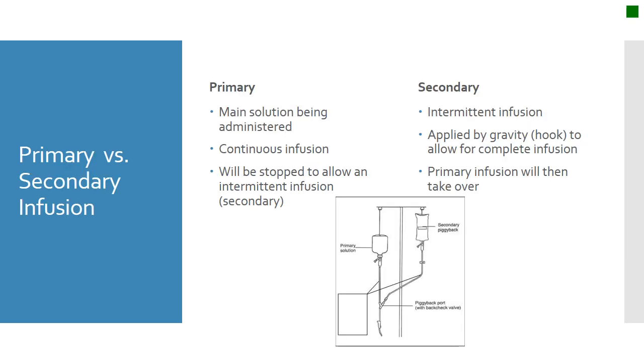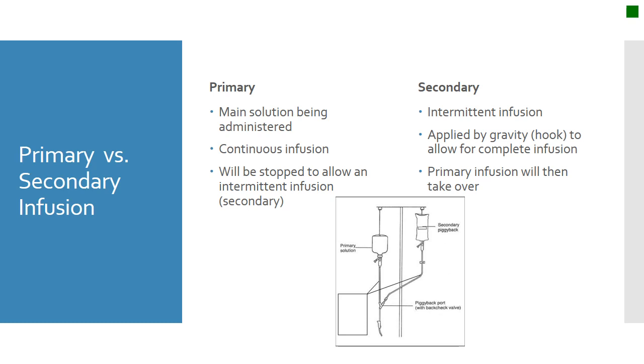So we have primary and secondary infusion, like we stated on the last slide. So primary is the main solution that is being administered. Typically this is a continuous infusion, but it can be stopped to allow for intermittent infusion, the secondary. The secondary typically is an intermittent infusion applied by gravity, and that is when you apply the hook to the primary solution.